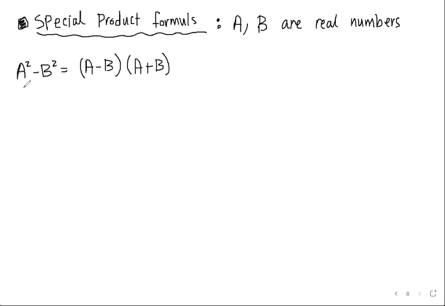A squared minus B squared looks like A minus B times A plus B.